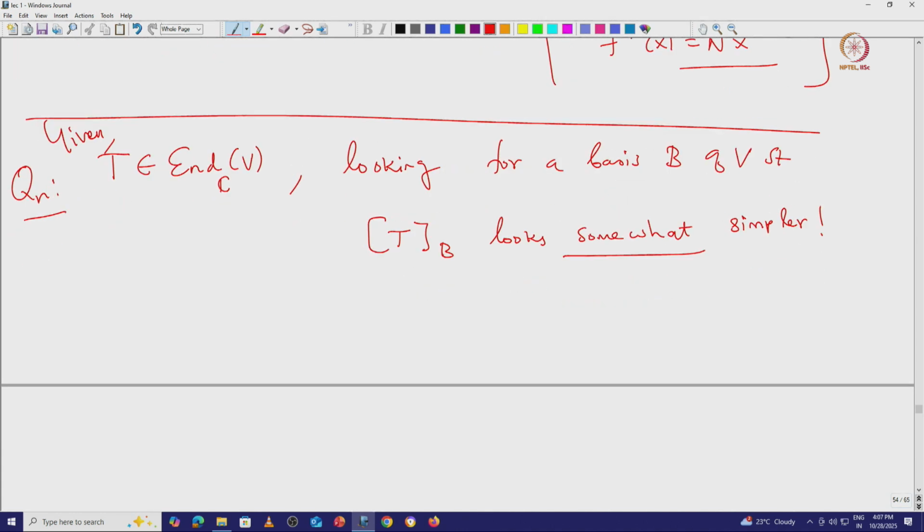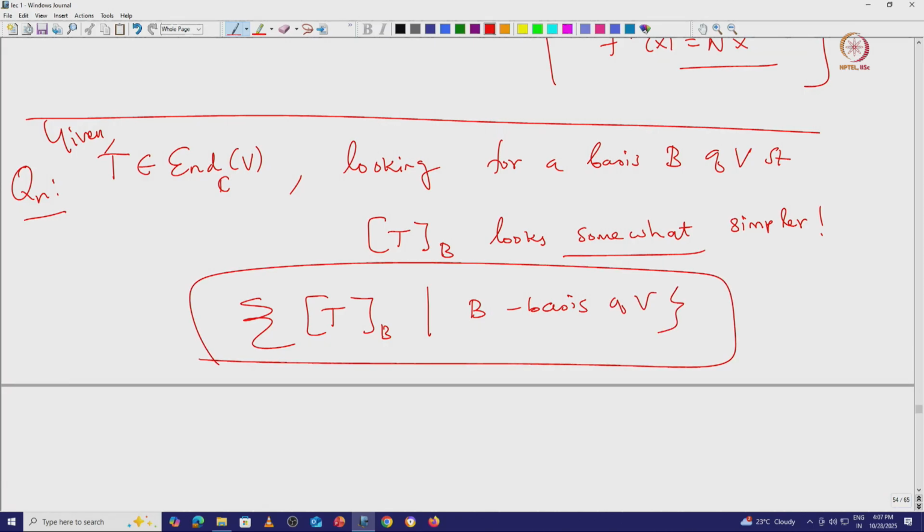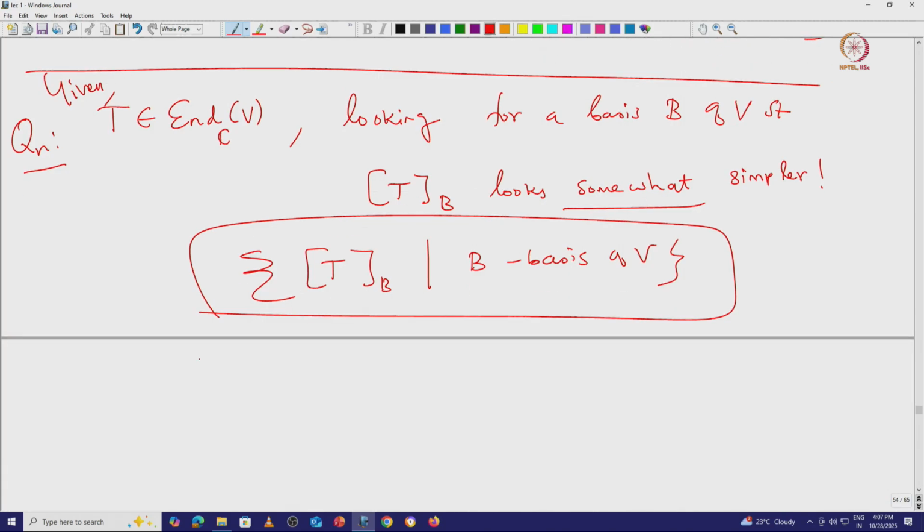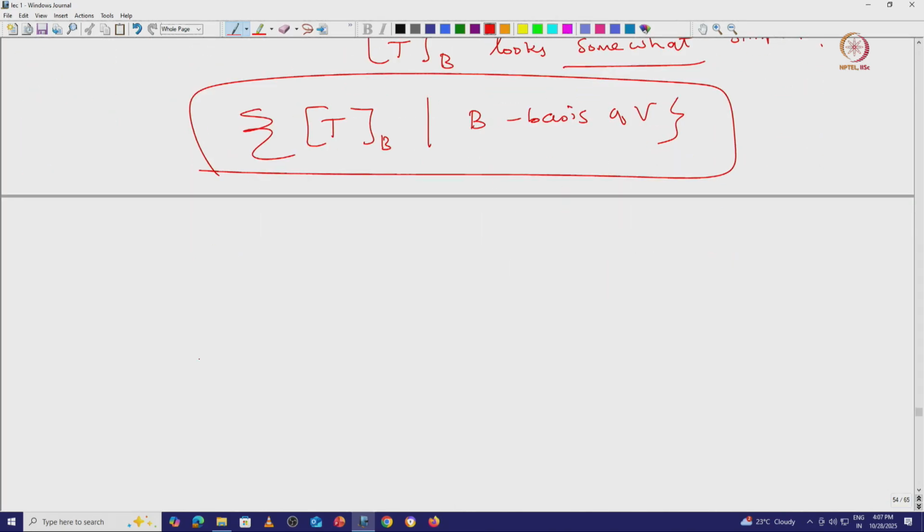Okay. So, we are looking for the simplest form from this set, all the matrices of T with respect to B. Note that if we change the basis, then these matrices are similar. If you go from B to B dash, then the matrix of T with respect to B and the matrix of T with respect to B dash are similar.